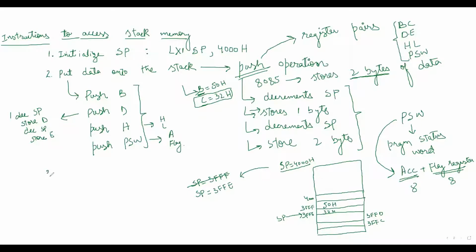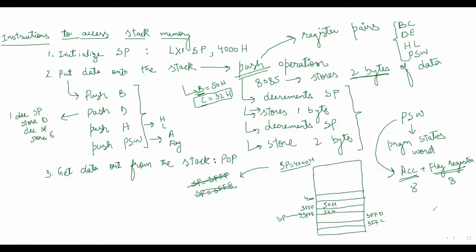So the third point is get data out from the stack. Getting data out from the stack is also called pop operation. So we can get data out from the stack.